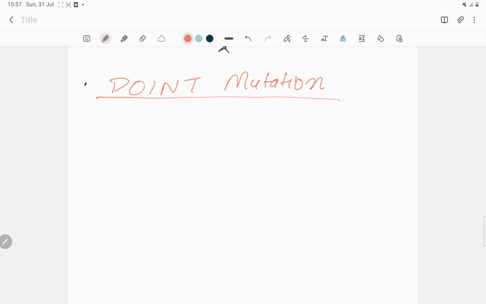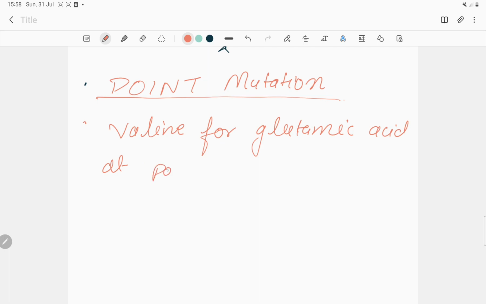It is a single base pair point mutation in the beta globin gene because of substitution of valine for glutamic acid at the 6th position of the beta chain of HbA, adult hemoglobin. Okay, so this is the most important point.